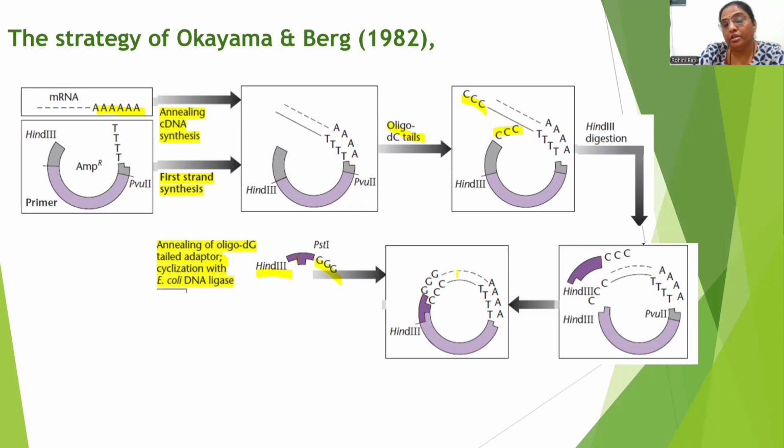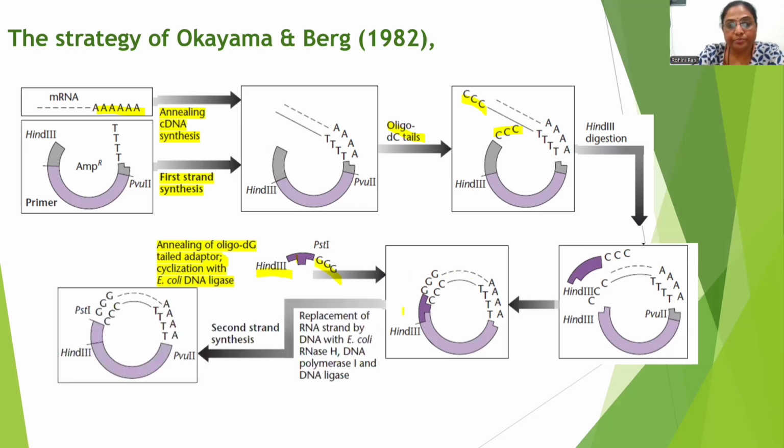Now there is a complementary base pairing between the first strand of the cDNA and the vector molecule. Next there is a replacement of the RNA strand by DNA with E. coli RNase H. The RNase H is going to cleave the RNA from the DNA-RNA hybrid, and then DNA polymerase I allows the synthesis of the second strand of the cDNA, and DNA ligase seals the nick.